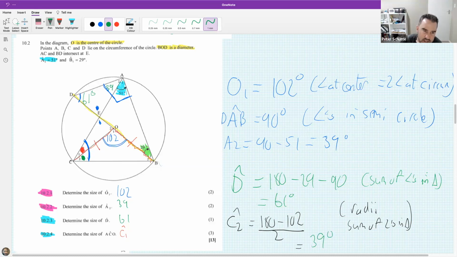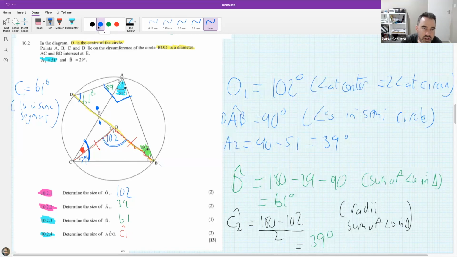Okay, now if we know that this is 39, what we also know is that angle C, the whole of C, was 61 degrees by angles in same segment.